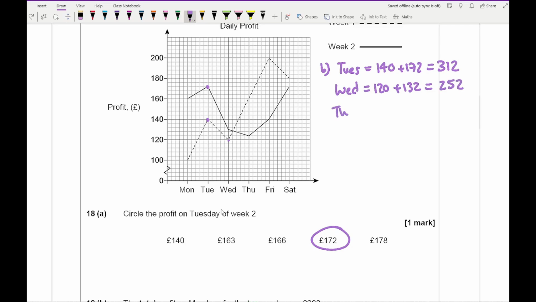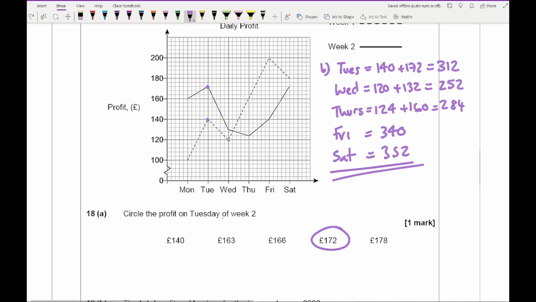For Thursday, it's going to be 124 plus 160, which is 284. For Friday, it's going to be 340, and for Saturday, it's 352. So which day's got a greater profit? It's going to be Saturday.